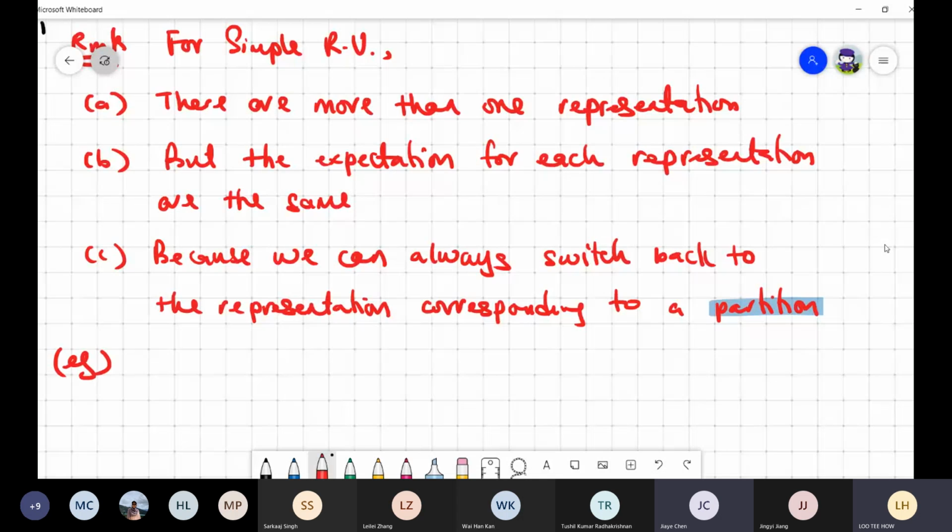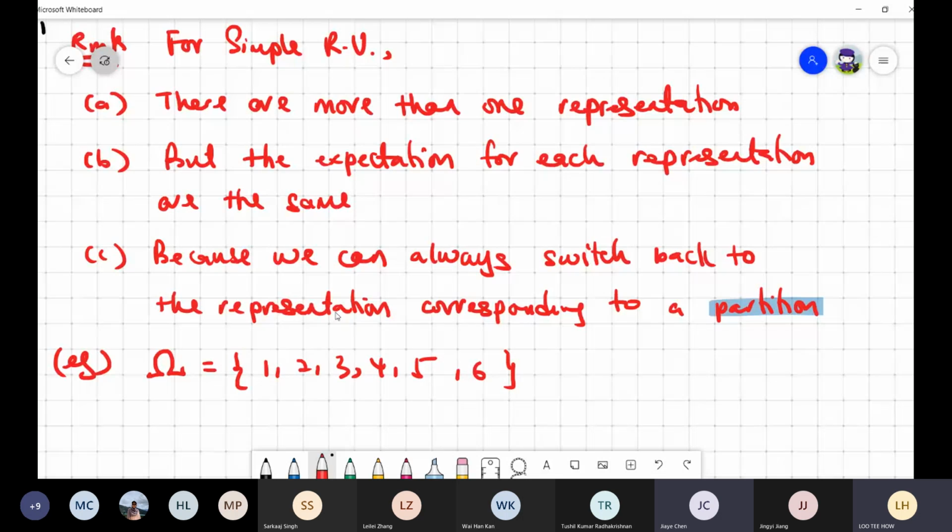For example, to make things easier, let's say we just take omega to be 1, 2, 3, 4, 5, 6. Six of them.